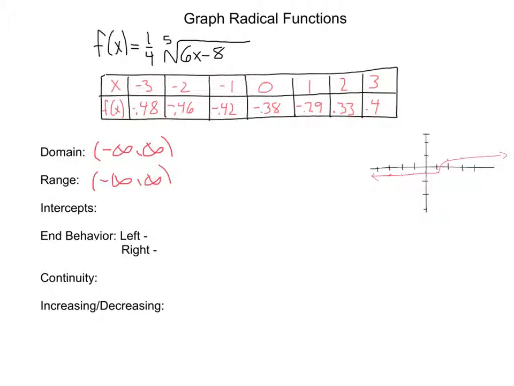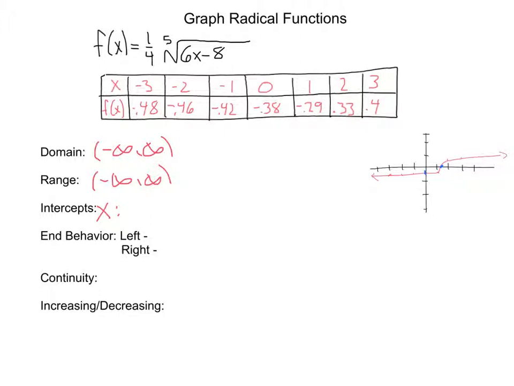Our intercepts. Looking at the graph here, I see we've got a y-intercept and an x-intercept. Since I don't know exactly what those are, I'm going to have to solve algebraically. For my x-intercept, I know I have to plug 0 in for y and then solve.